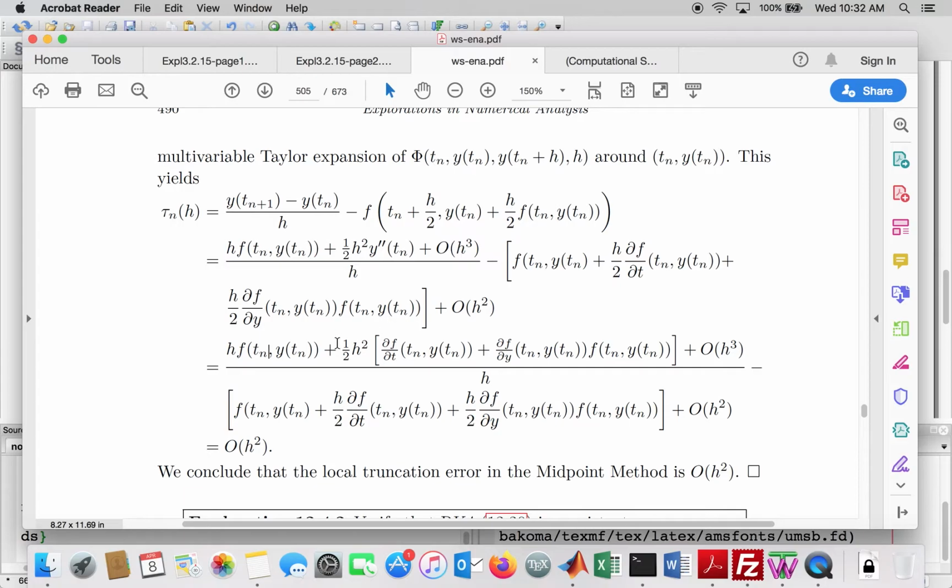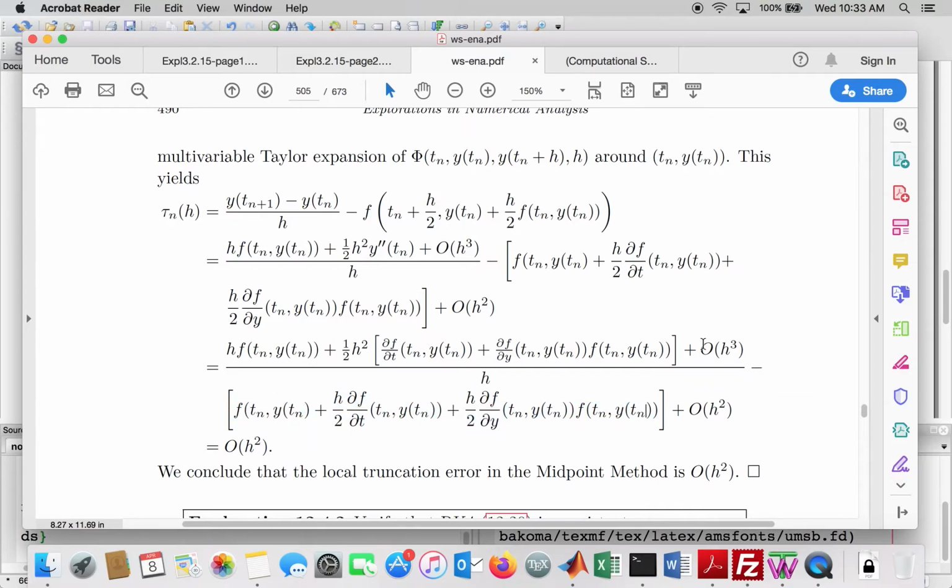Next, I have 1/2 h squared over h, so that's h over 2 df dt, which cancels with the h over 2 df dt down here. So this cancels with this. Here I have h over 2 df dy times f, and here again I have h over 2 df dy times f. So all of this cancels with all of this.